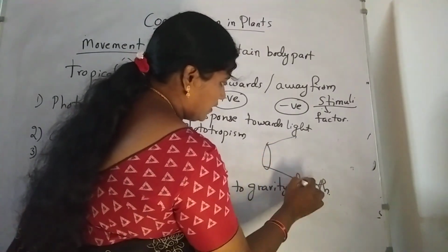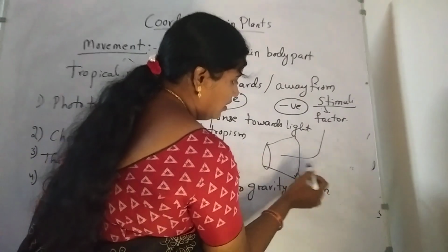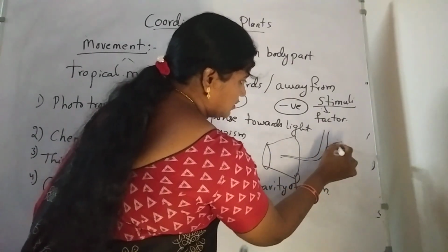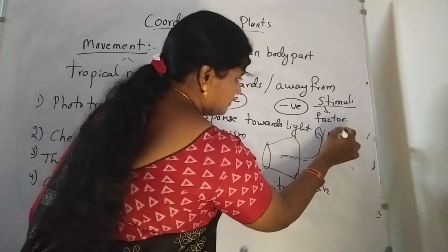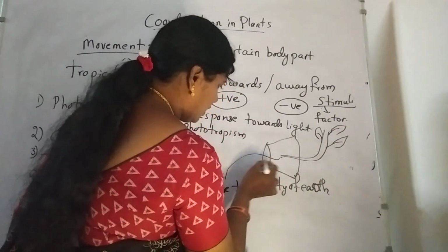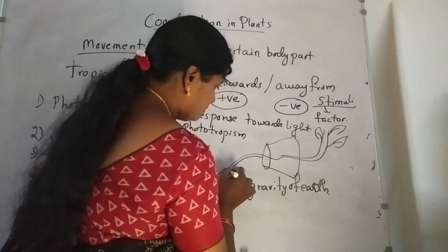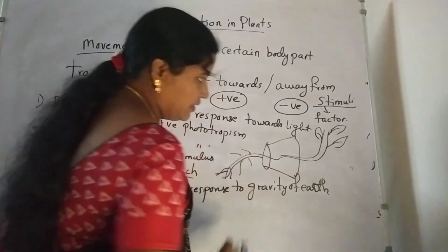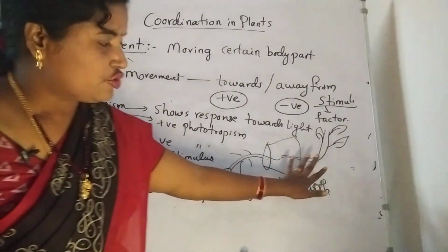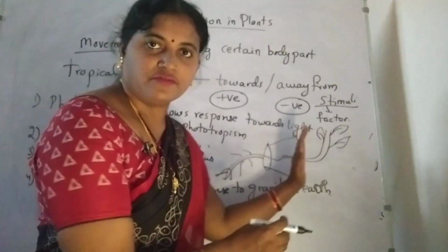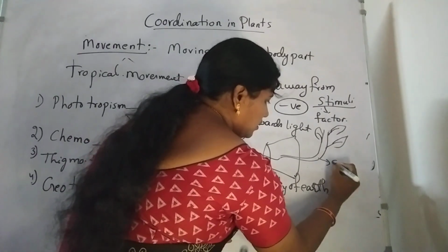So this is a pot. In the diagram we also have the structures. The upper part of the plant is known as the shoots.